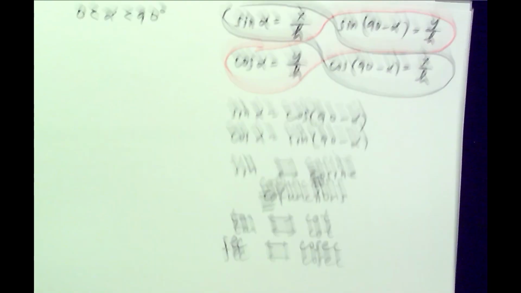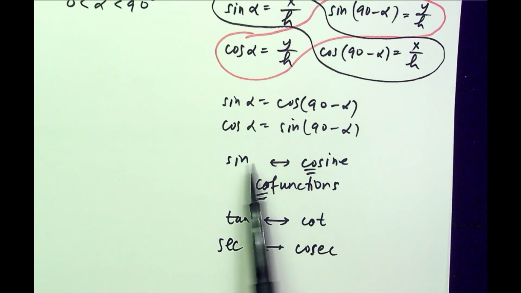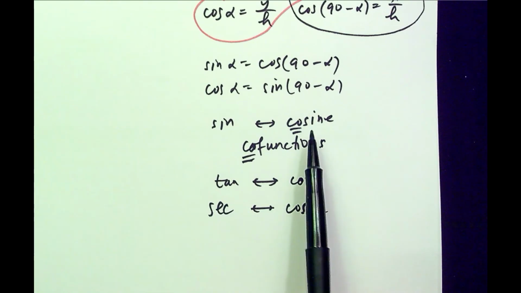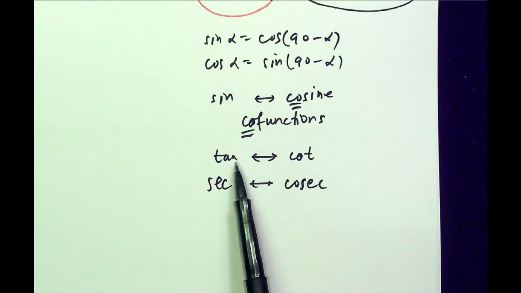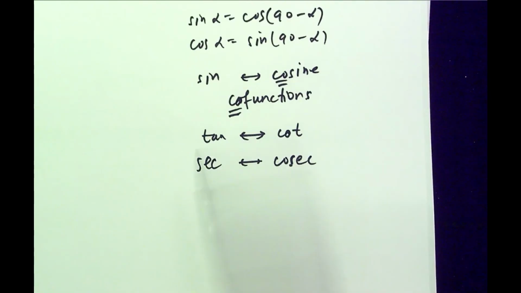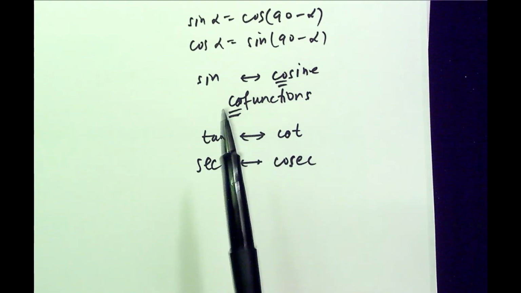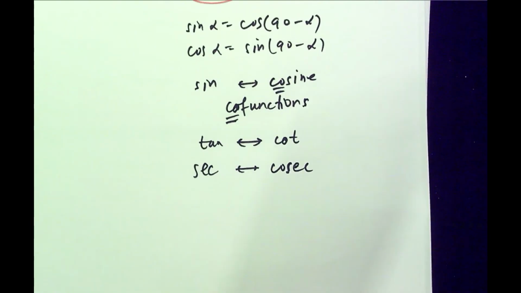So the cofunction of secant is cosecant, the cofunction of tangent is cotangent, the cofunction of sine is cosine, and the other way around. The cofunction of cosine is sine, the cofunction of cotangent is tangent, the cofunction of cosecant is secant. So this is how they are paired up in terms of cofunctions. A function and its cofunction.